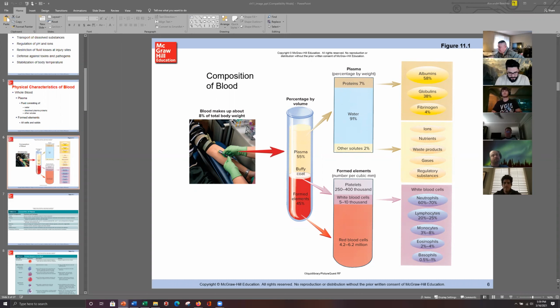If the average person has about 5 to 6 liters of blood in their body, and a single microliter, that is 0.000001 liters, contains roughly, what is it?